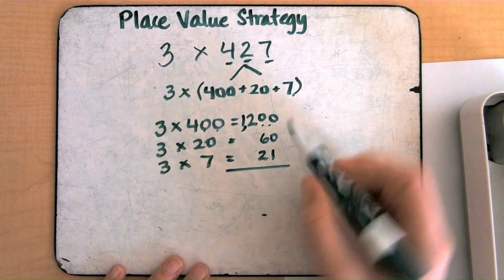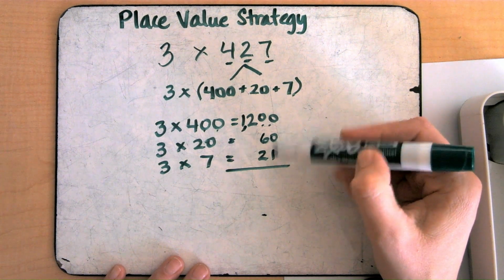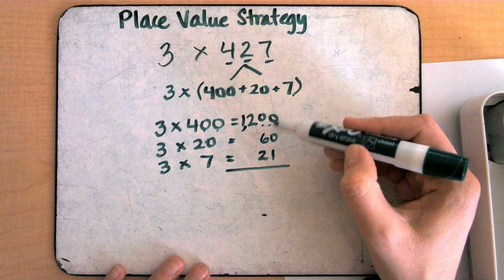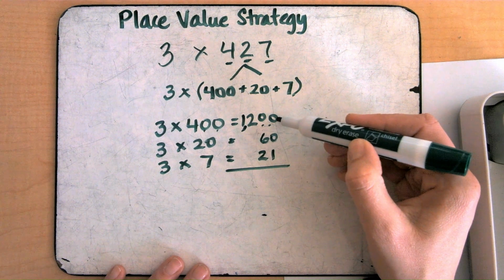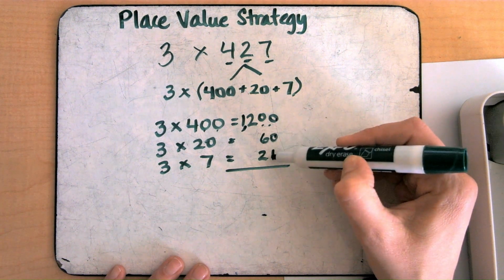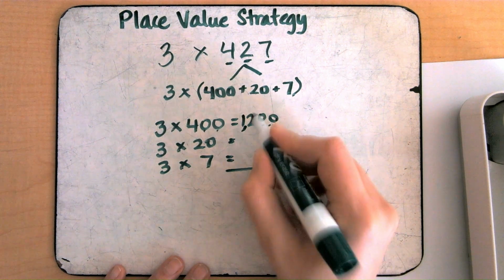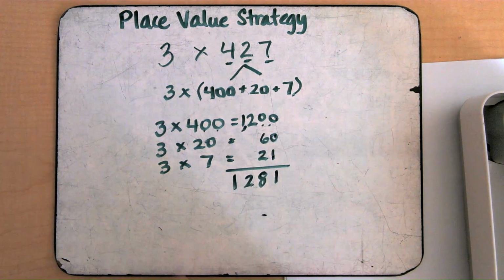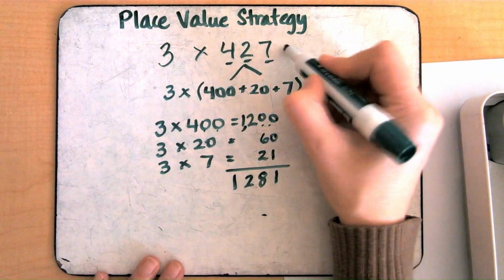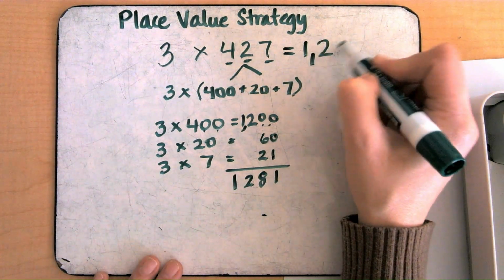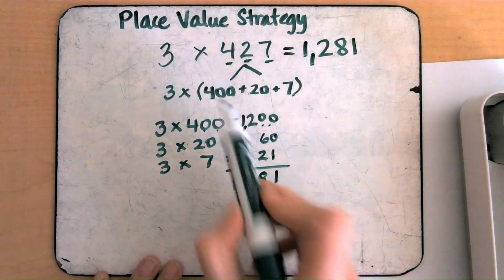When we get these partial products, we're going to make sure that the ones place is all nice and tidy. And then we're going to add these up. And then this is going to be our answer, 1,281.